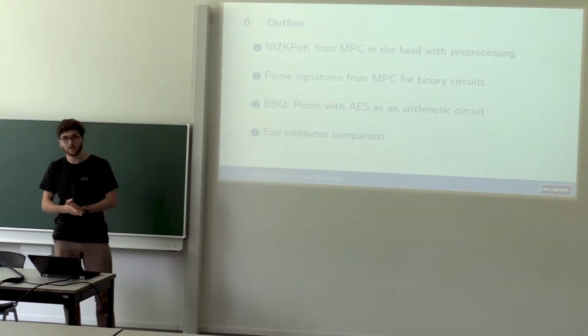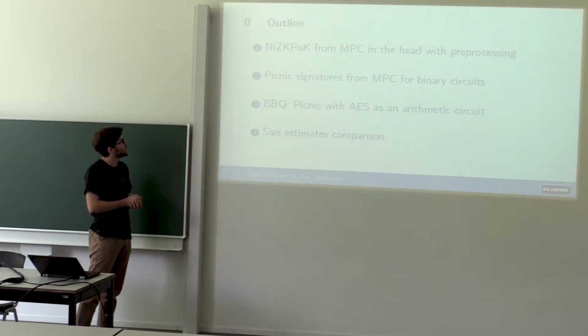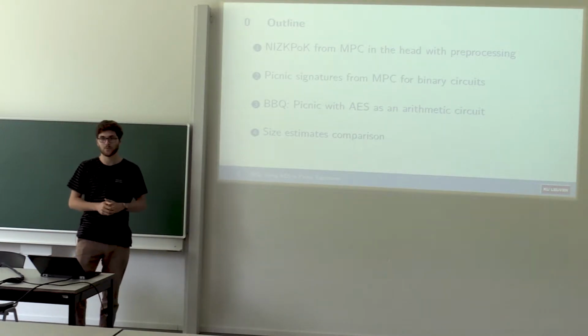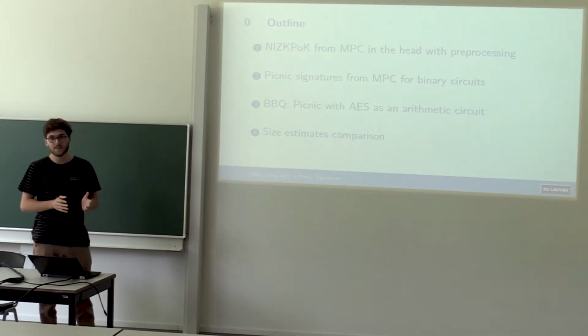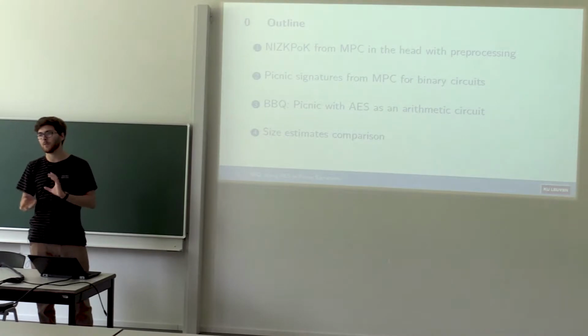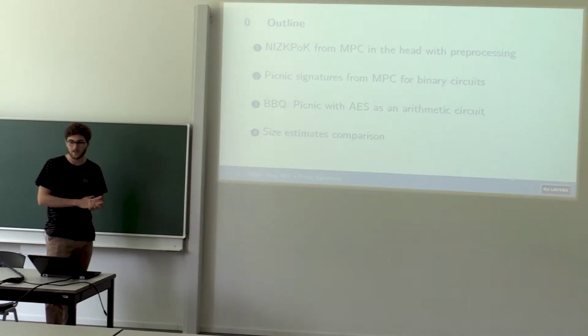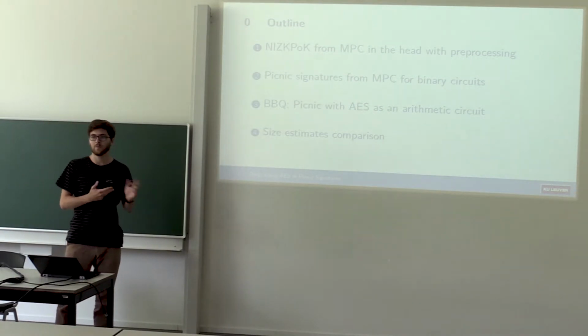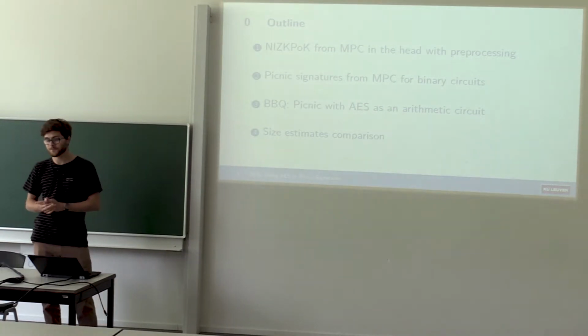First I'm going to talk you through the couple of steps that we need to get to where we want to be. I'm going to first explain how to do non-interactive zero-knowledge proofs using MPC-in-the-head with preprocessing. Then I'm going to explain how Picnic signatures work using MPC for binary circuits.